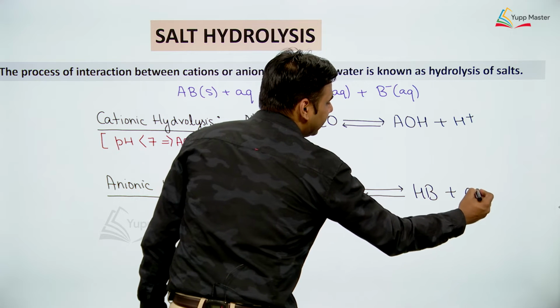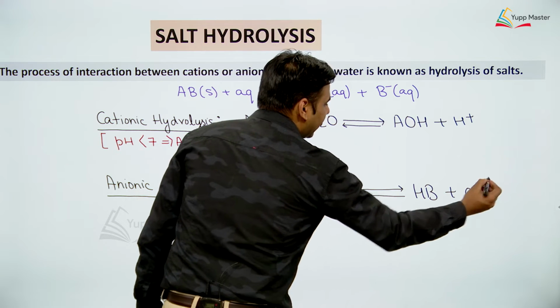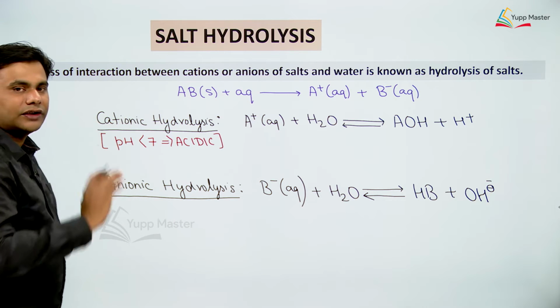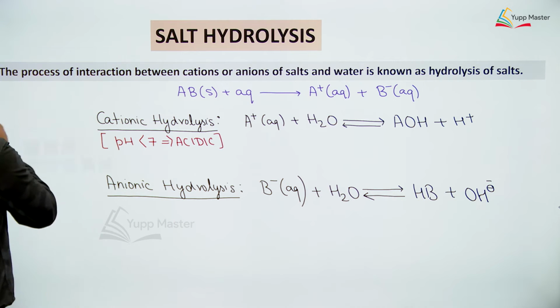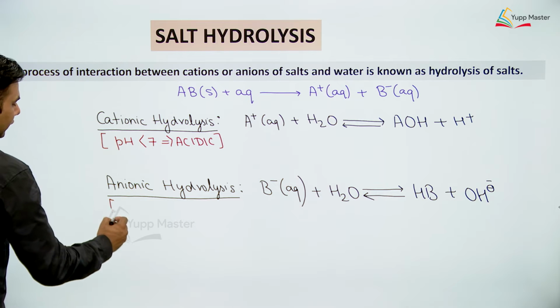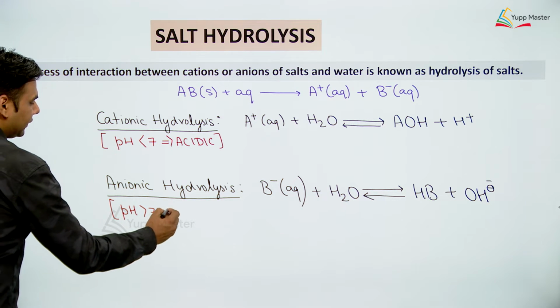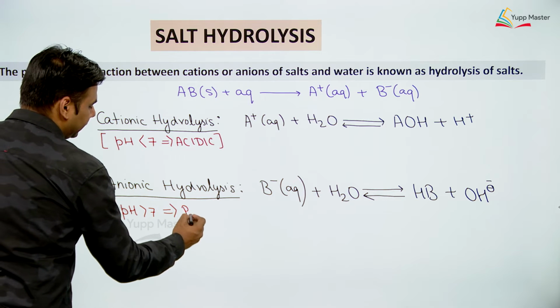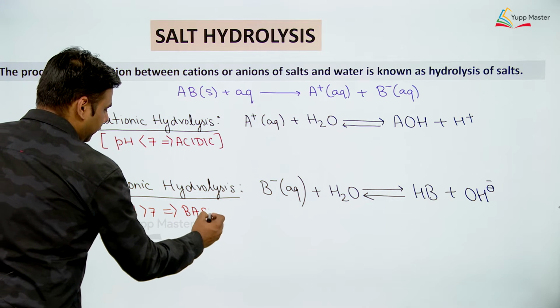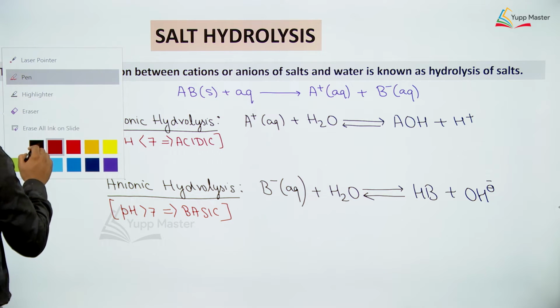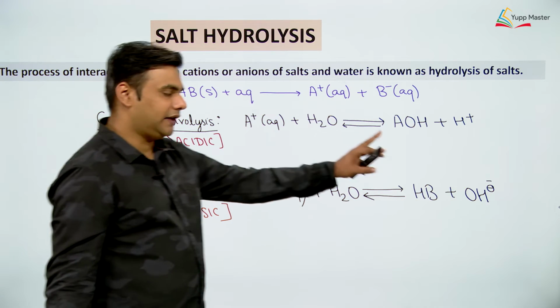So what is the anion basically doing? It is attracting the H plus ion from water and it is releasing OH negative in the solution. So due to this, the pH of the solution will become greater than 7 and we'll say that the solution is basic.